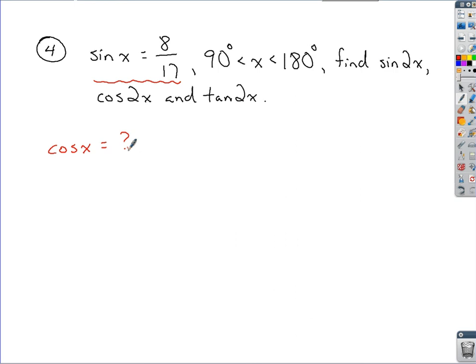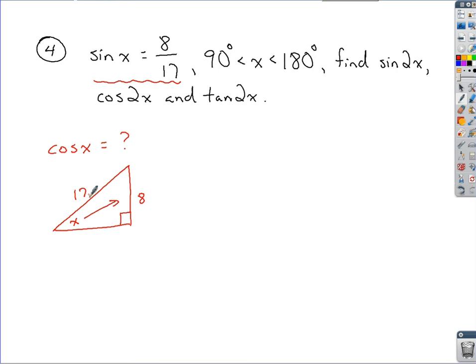To determine the cosine of x, we set up a right triangle based on the given information from the sine of x. Since that's in terms of x, we let our angle measure be x. Sine of x is given as 8/17, so opposite x is 8. Hypotenuse is 17.